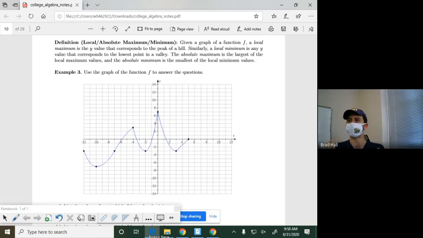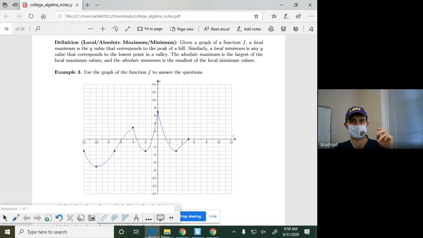So a local minimum or maximum, so a local minimum is just the lowest point of any cup shape behavior. So we call it the lowest point in a valley. So as you can tell in example 3, there's 3 of those.